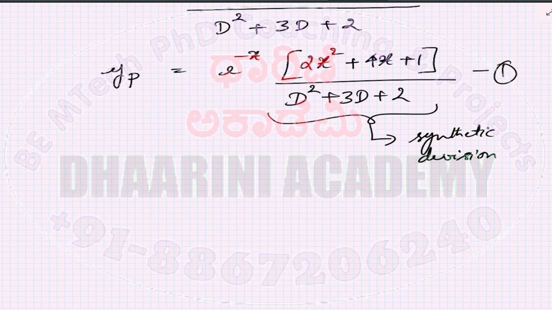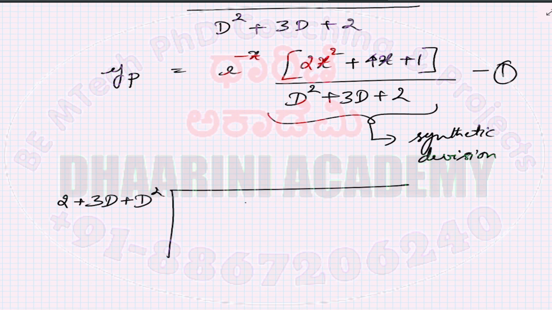So let's hold on to this as of now, and we know that the rule to perform the synthetic division is to write the denominator in the increasing order of power of d, that is 2 plus 3d plus d square, and we are going to write the numerator as it is, decreasing powers of x, 2x square plus 4x plus 1.